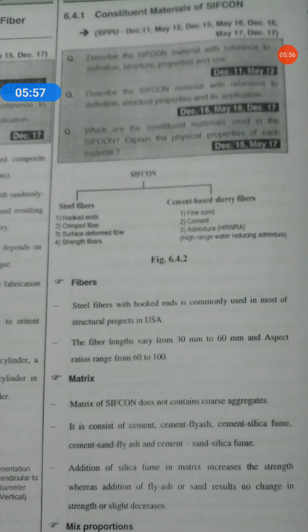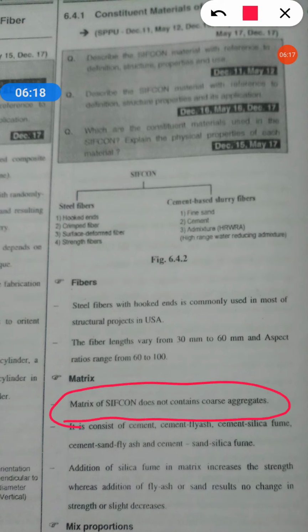The fiber length varies from 30 mm to 60 mm and aspect ratio 60 to 100. The matrix of SIFCON does not contain coarse aggregate. This is the key point of SIFCON: you cannot use coarse aggregate. In SIFCON coarse aggregate is completely absent.